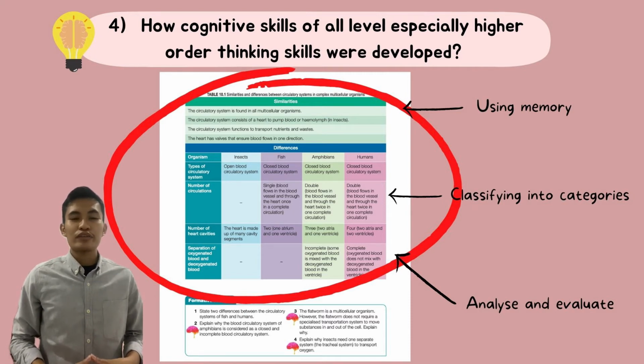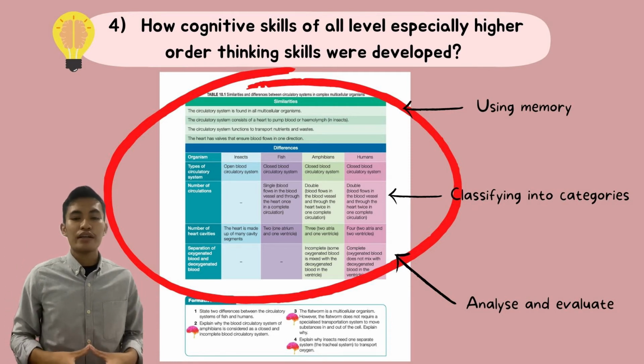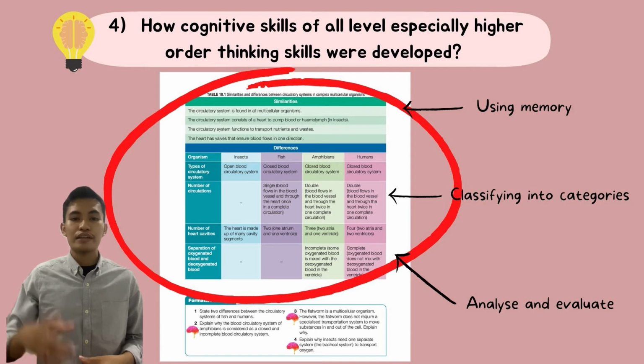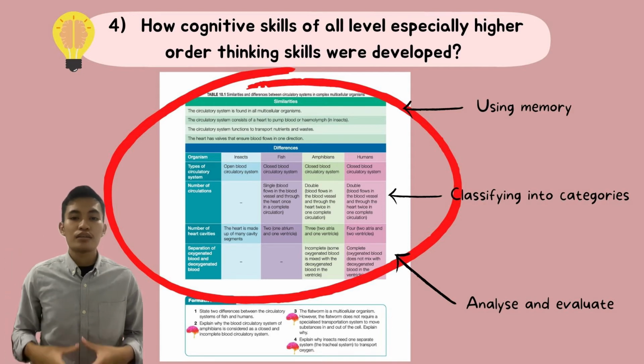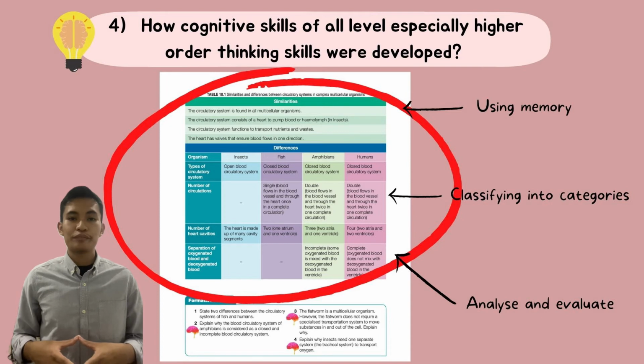This makes students analyze the information from their past knowledge, and then students will classify and categorize the information precisely, as shown on the right circle of the picture. So, students will analyze and evaluate the information according to their types. That shows how this content encourages higher order thinking skills to be implemented in the students.